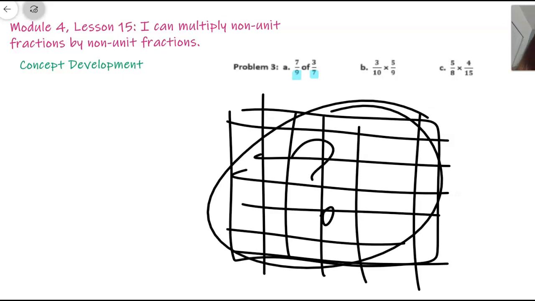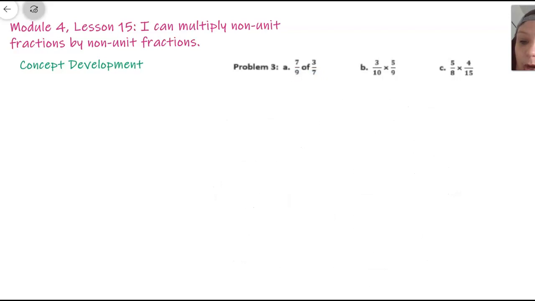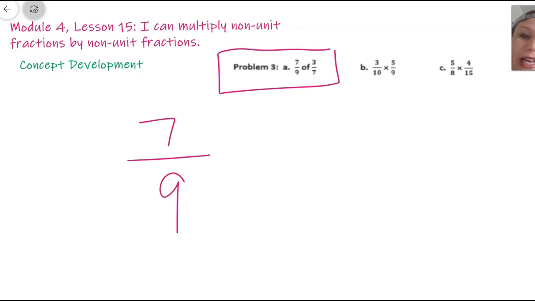So I need to find a more efficient way to do this problem. How I can do this problem is not anything different than something you've already learned in the past. It's how to set it up where you're saying 7/9 of, which means times, 3/7.